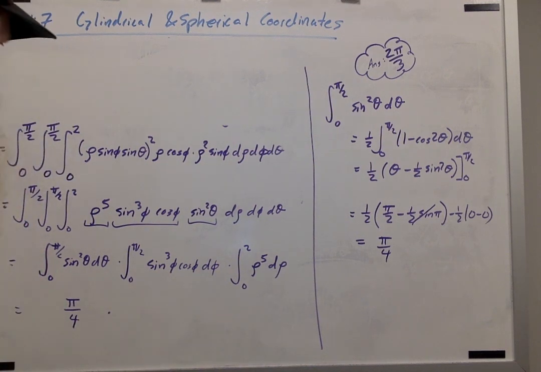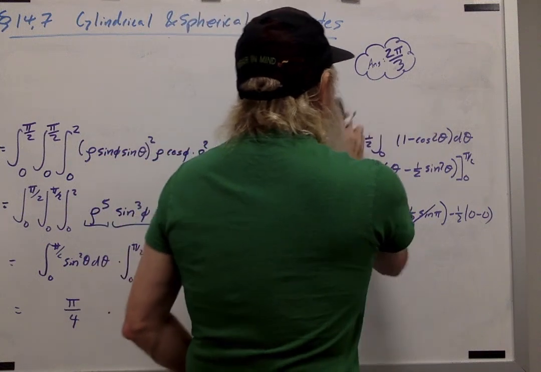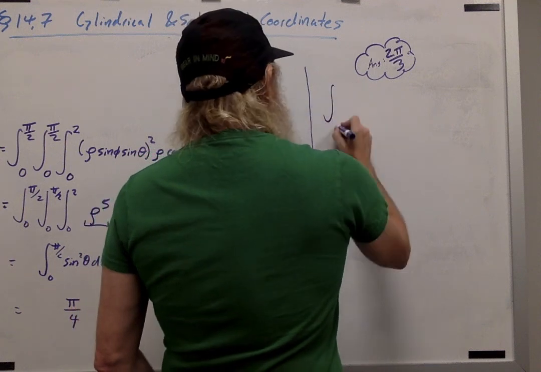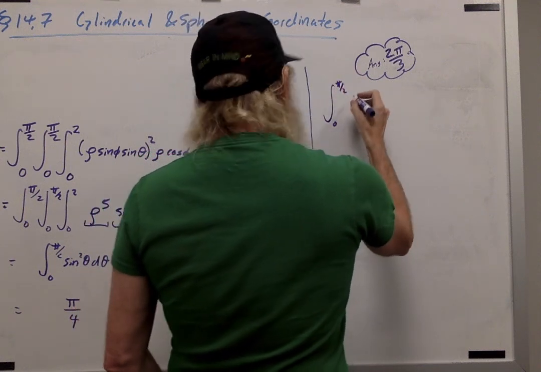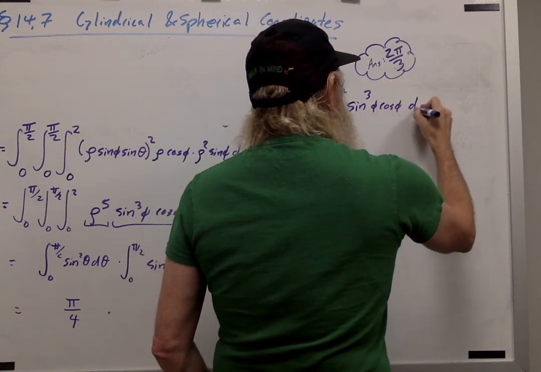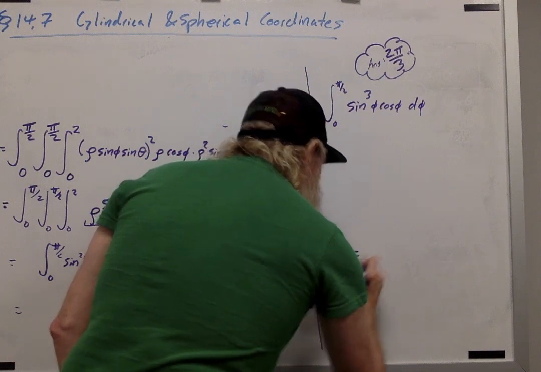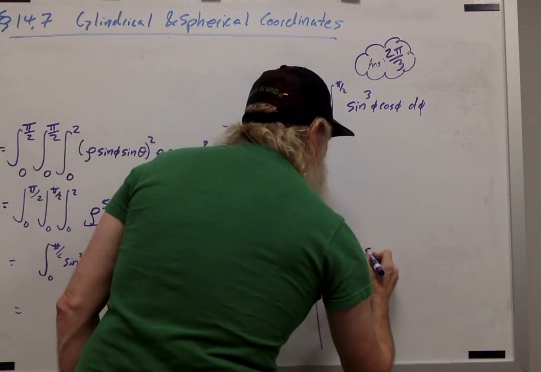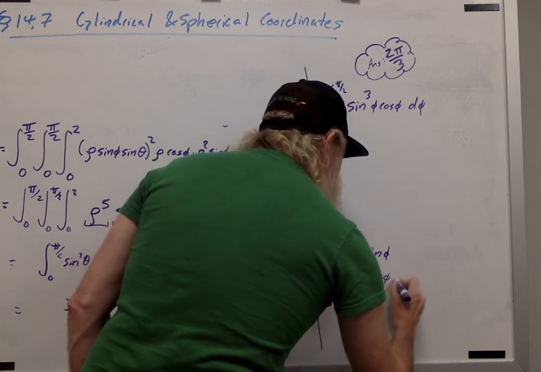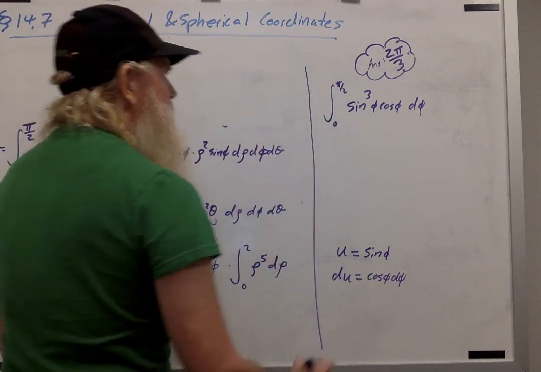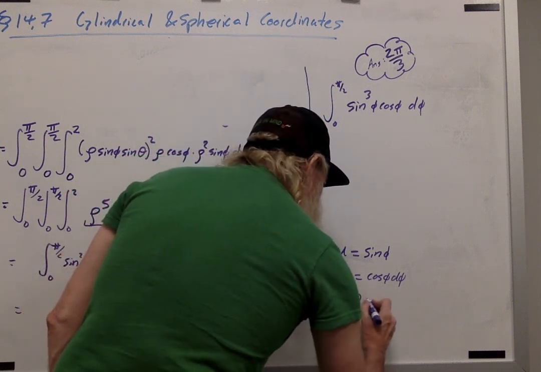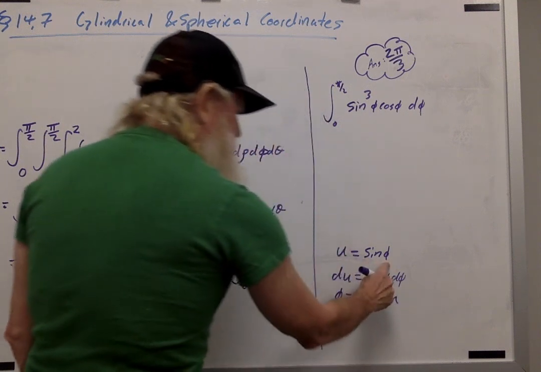And next, let's figure out what the second integral is, the one with respect to phi. We have the integral from 0 to pi over 2 of sine cubed phi cosine phi d phi. Let's make the u substitution, u equals sine phi, so that du is cosine phi d phi. And notice that when phi is 0, u is sine of 0, which is 0.